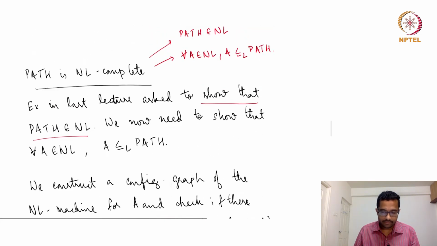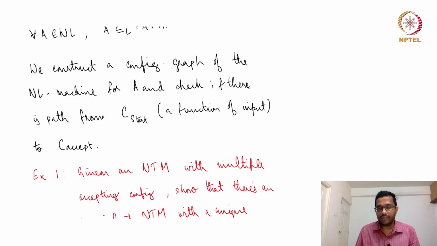In this configuration graph, we can check whether there is a path from the starting configuration to the accepting configuration. C start denotes the starting configuration, and C accept is the accepting configuration. I am lying slightly here.